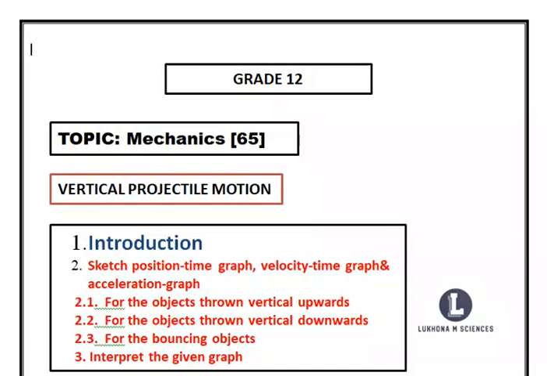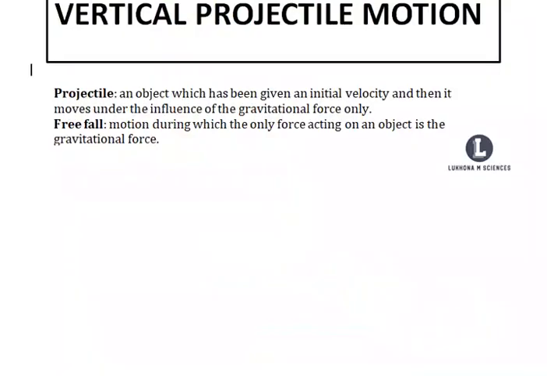Alright, let's quickly go straight to the definitions of a vertical projectile motion. We have a projectile. The projectile is an object which has been given an initial velocity, and then it moves under the influence of gravitational force only.